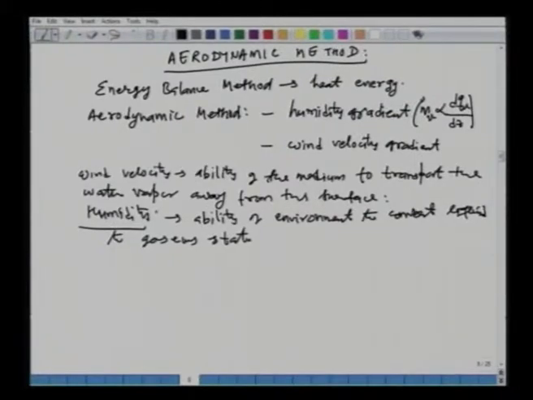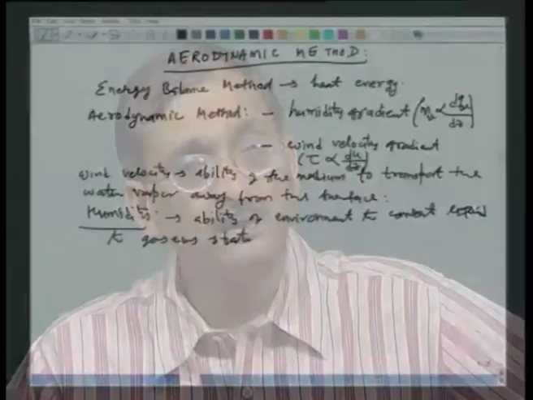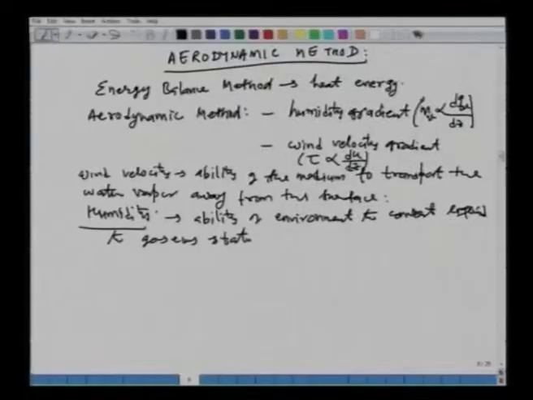Similarly, the wind velocity will dictate what is called the momentum flux tau, and it will be directly proportional to du over dz. So, these are the two basic principles or laws of physics which we are going to use in developing the aerodynamic method equations for evaporation.